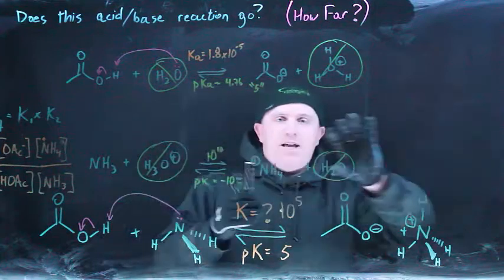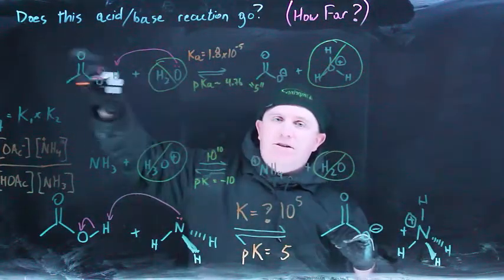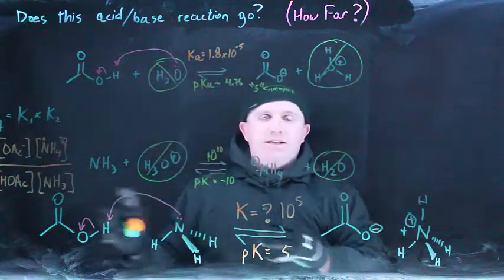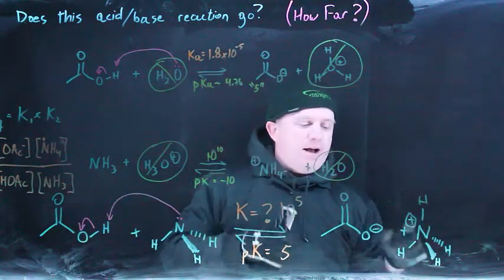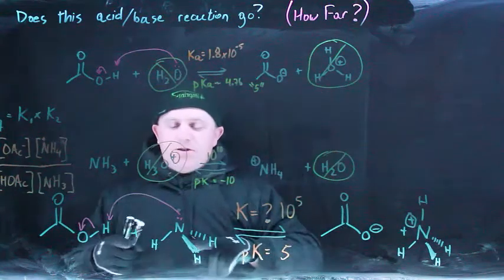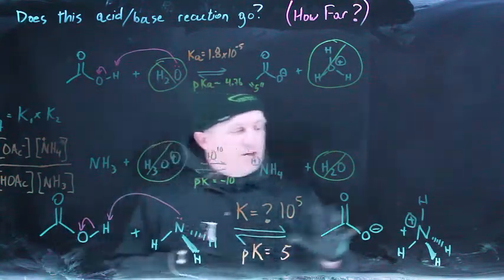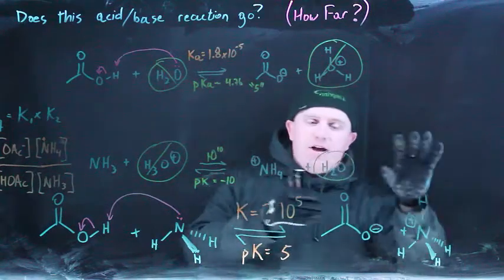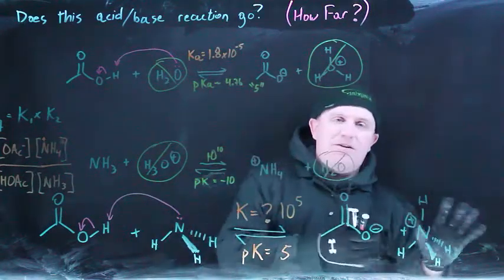Again, it's 10 to the 10 in this direction, it's 10 to the 5 in this direction, or 10 to the minus 5 in this direction. And what that means is it's 10 to the 5th likely to happen as drawn. So even though it's weird because this is neutral as drawn and these are charged, because this is a more powerful reaction, it's driving the process. You end up 10 to the 5th on this side.